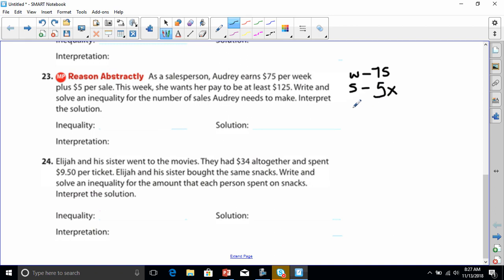Now we have to come up with an inequality. Remember, she wants her pay to be at least $125. All right, so what is my inequality? Well, first I know that my total has to be on one side, so I'm going to put 125 over here.